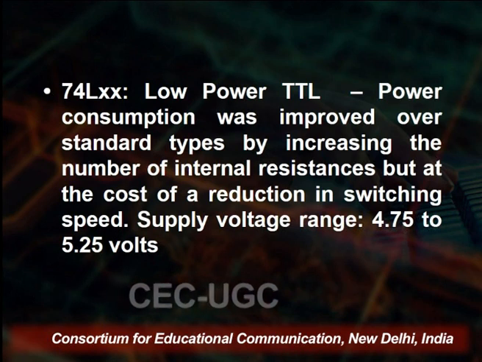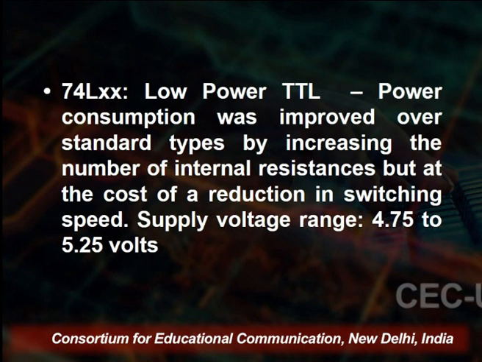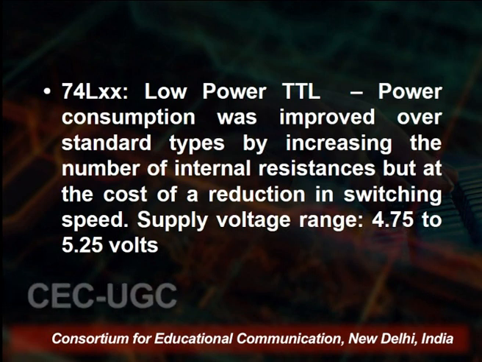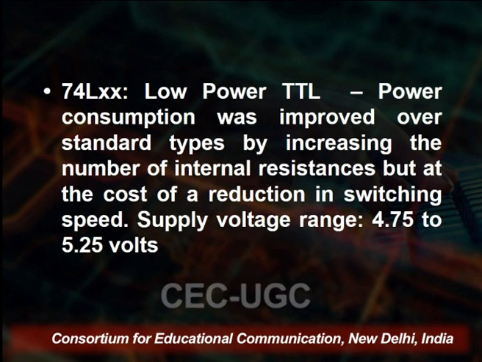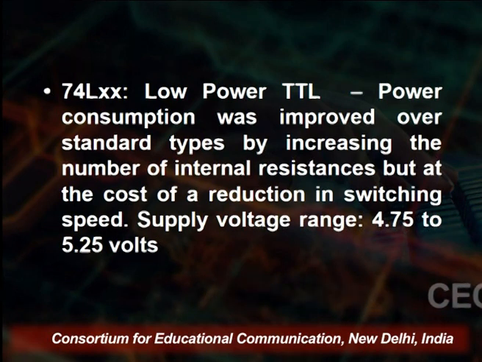Power consumption was improved over the standard type by increasing the internal resistances, but at the cost of a reduction in switching speed. Supply voltage range is 4.75 to 5.25 volts.